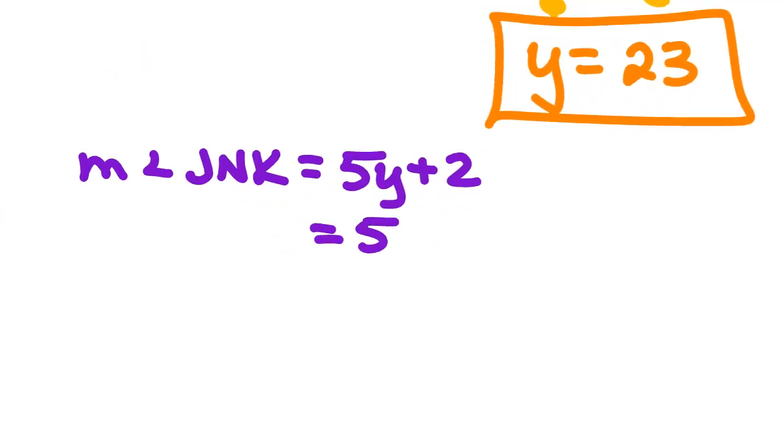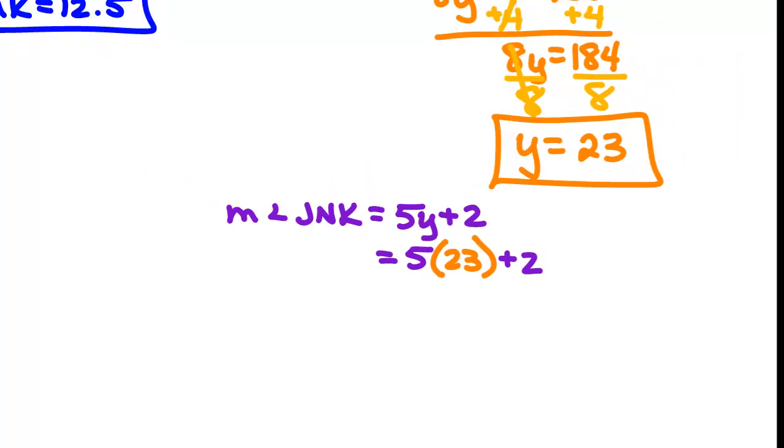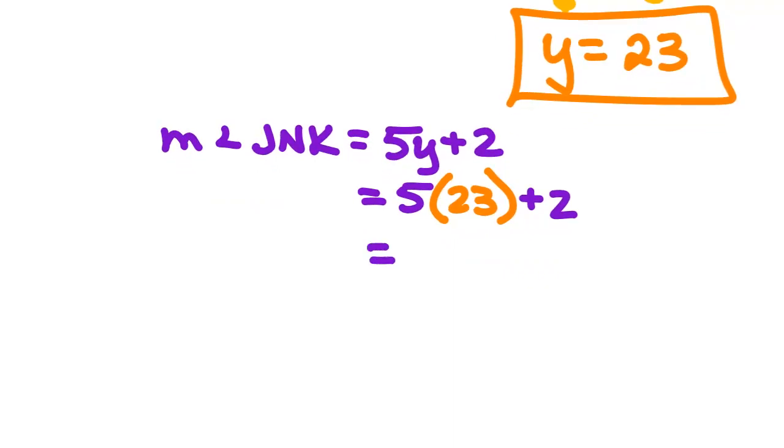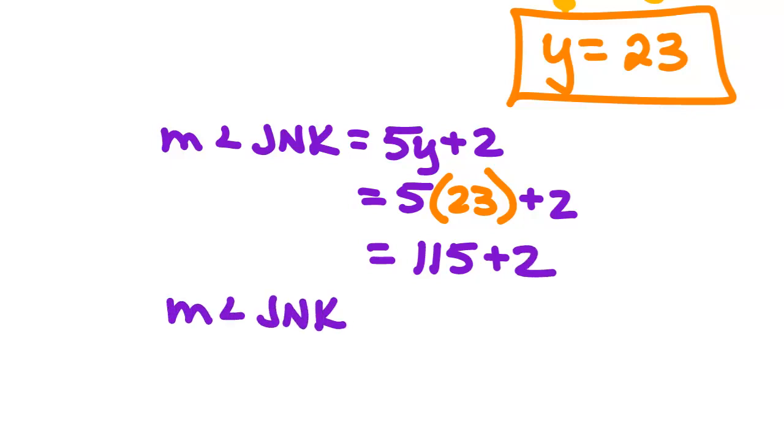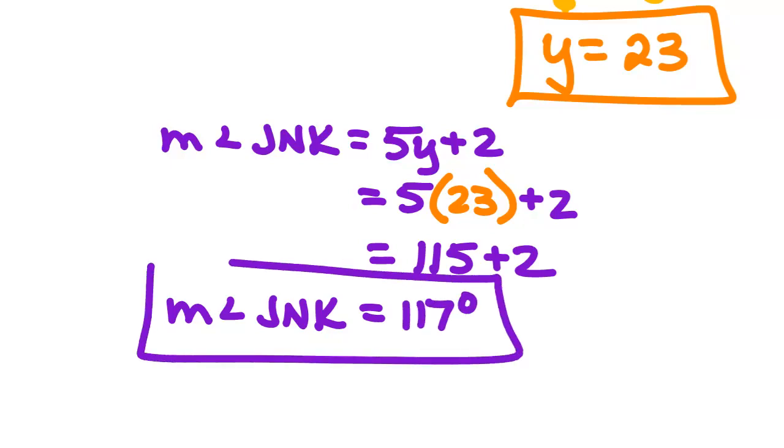So I have 5 times 23 plus 2. What is 5 times 23? 115 plus 2? 117. So the measurement of angle JNK is 117 degrees.